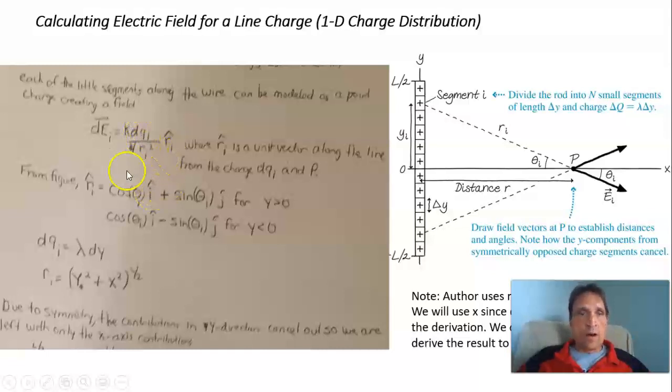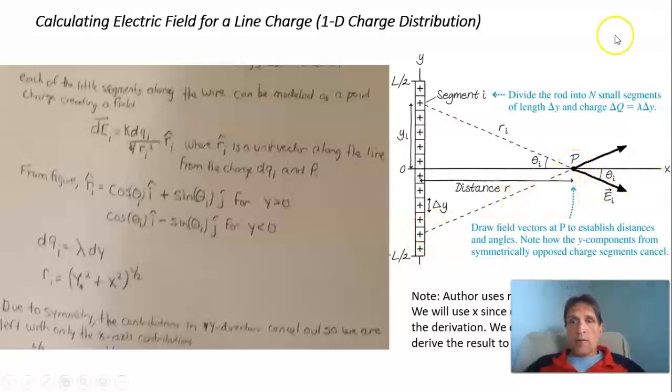Now dq_i is equal to the charge per length times Δy, so we're going to plug that in, and then the distance, little r_i, from charge element i to point P is equal to the square root of x squared plus y squared. Okay, so that's the distance from the charge element to point P.